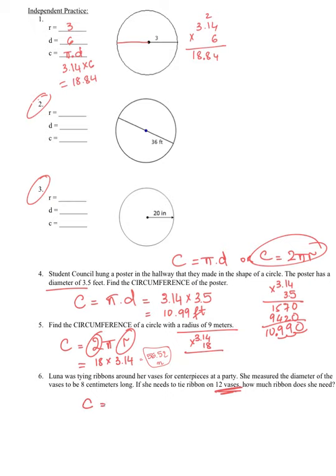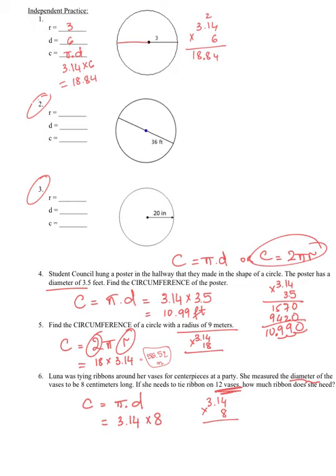So for one circumference, I'm going to use the formula pi times diameter. 3.14 times 8. We didn't do any problem that multiplies with 8, so let me work it out. I got 25.12.